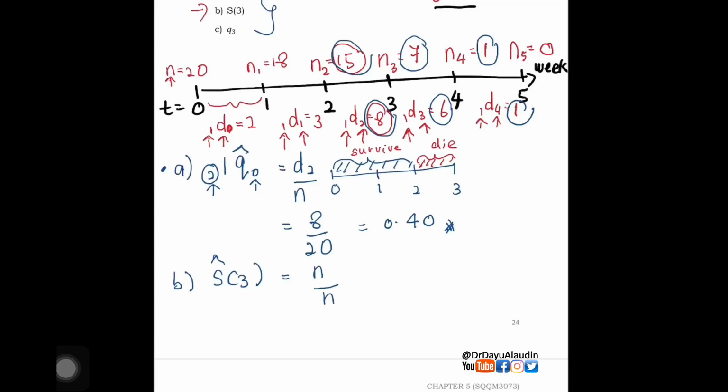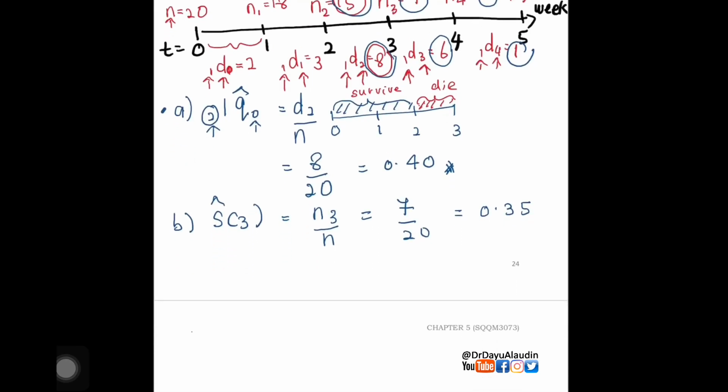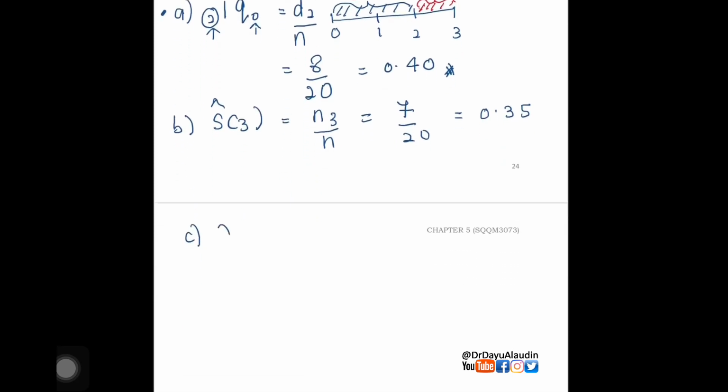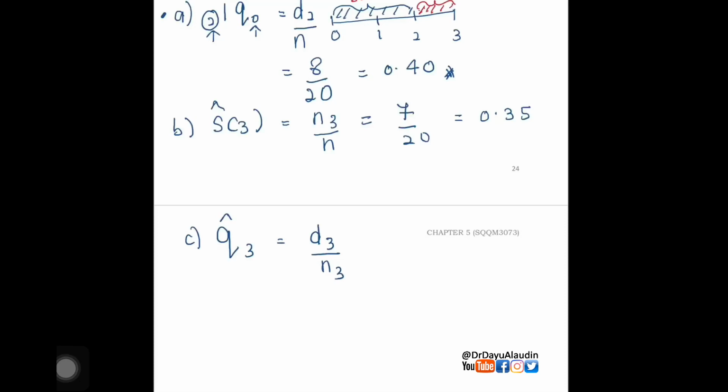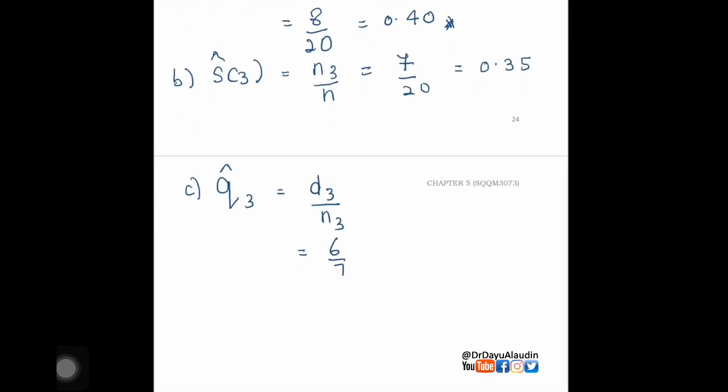So t is equal to 3. So n3 is 7, n is 20, 0.35. Okay, C is Q3 over n, 6 over 7. If you draw the wrong timeline, your answer will be wrong as well.